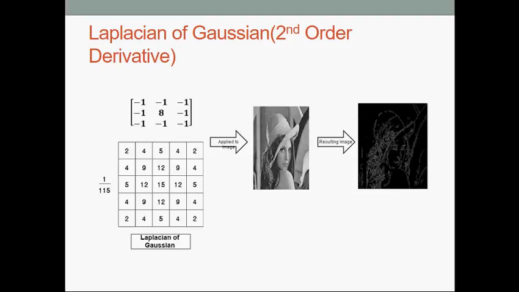The second order derivatives are sensitive to noise, but they are excellent edge detectors. Like this, it is a filter of simple Laplacian. This is a filter of Gaussian. These two are applied to an image and the result is exceptional. These are the most efficient techniques, and practically these are used more as compared to other operators.